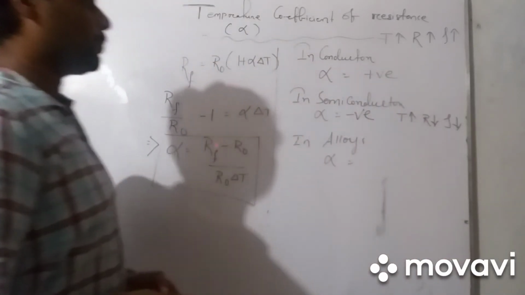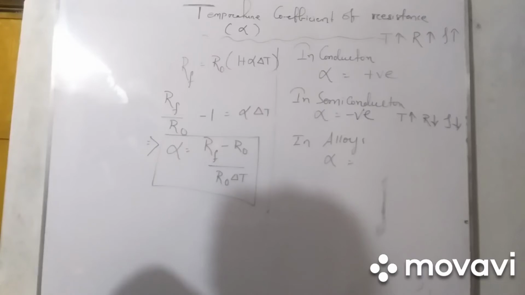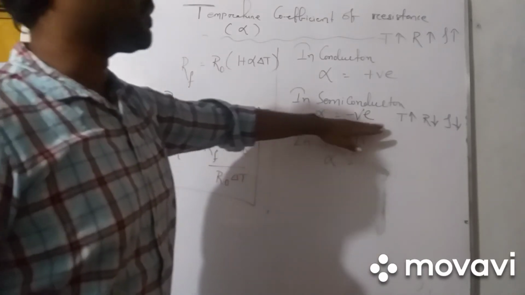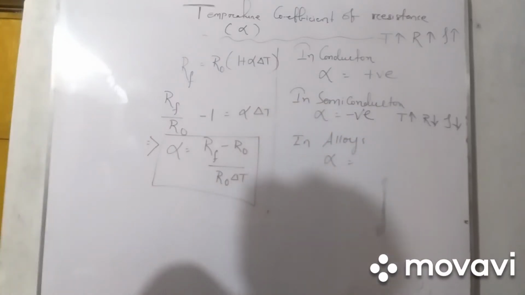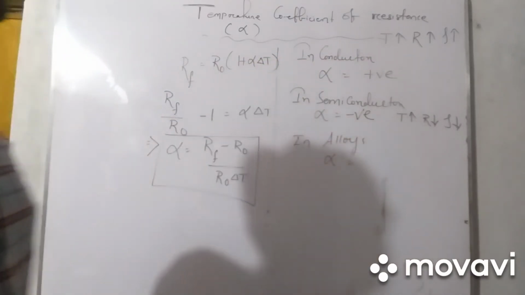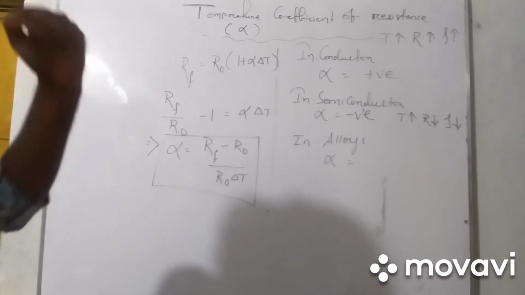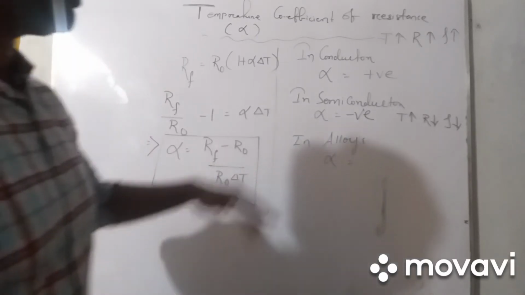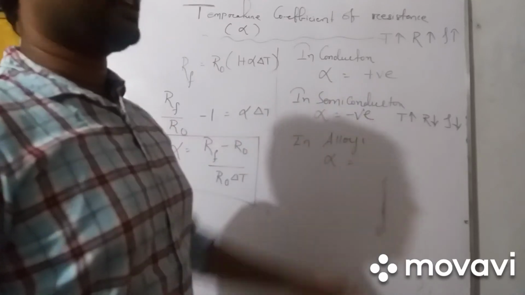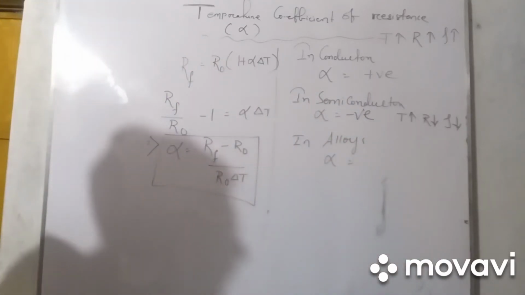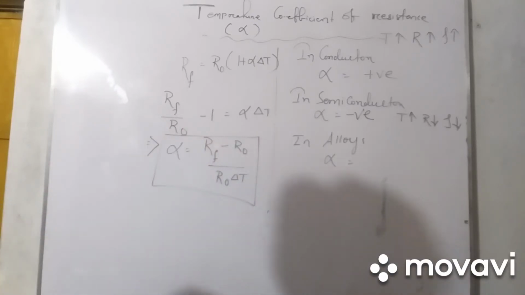So in case of pure semiconductor, the temperature coefficient of resistance is negative, but in case of conductor, it is positive. That is, temperature coefficient alpha is always positive in conductor. In semiconductor, alpha becomes negative. That is a very important topic from your exam point of view, and an important bit question for you.